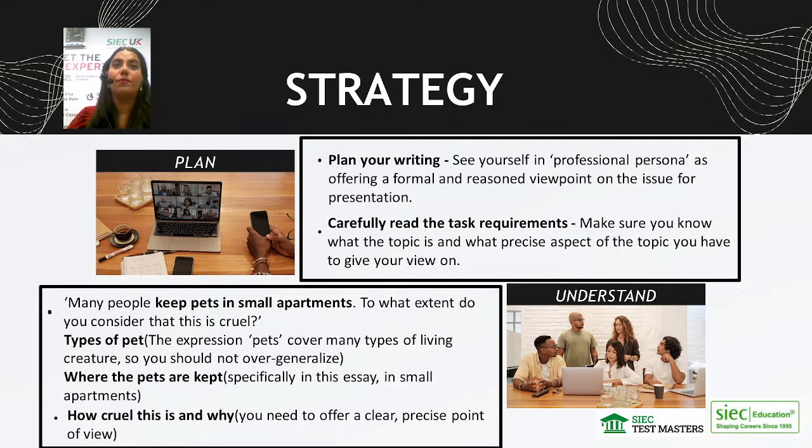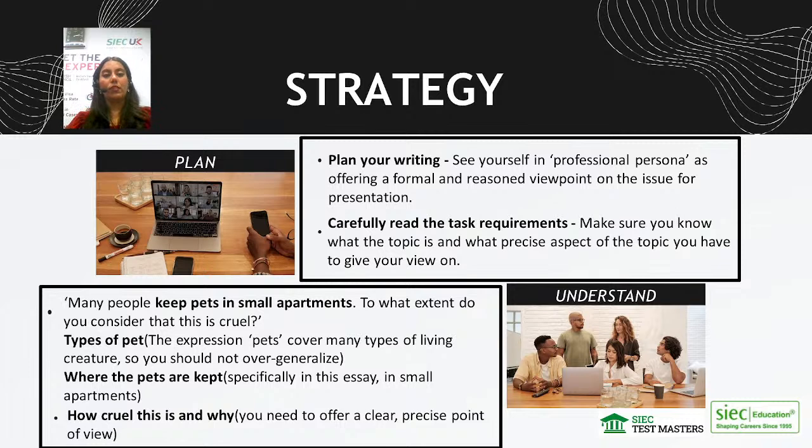Would that be cruel? Maybe, maybe not. Then we are understanding on what severity the question is asking me: is this cruel, and why? We throw in the how and why also. So we need to give a clear viewpoint on how cruel it is, or what makes it cruel. Once we have understood it, we go with the next part.